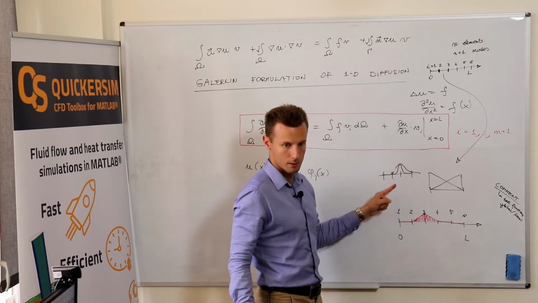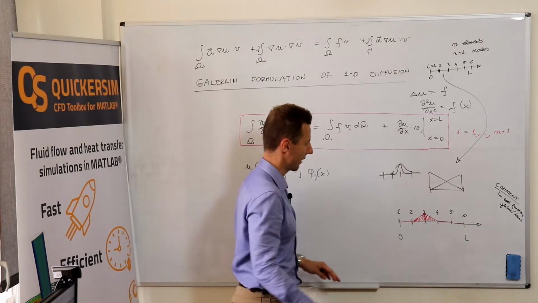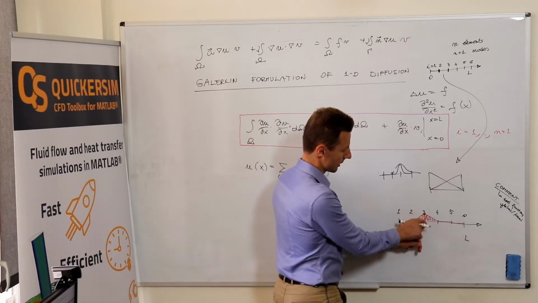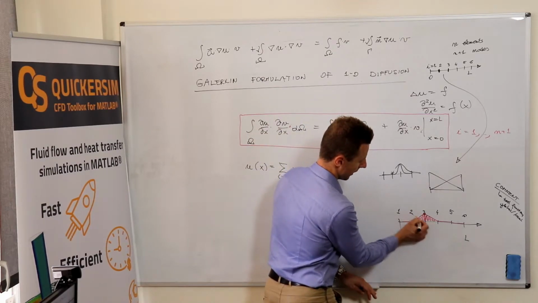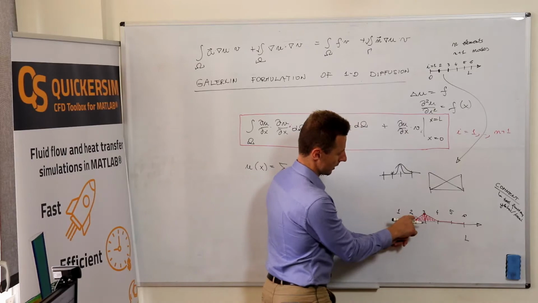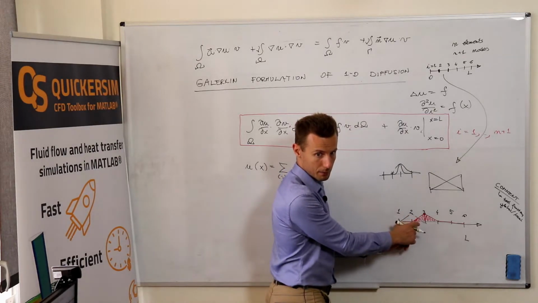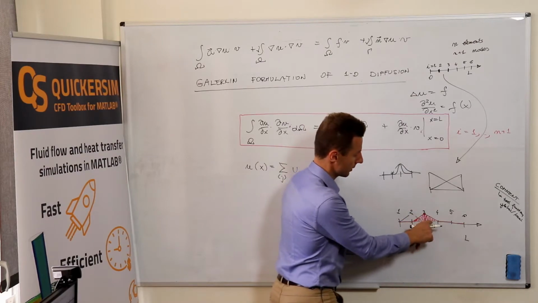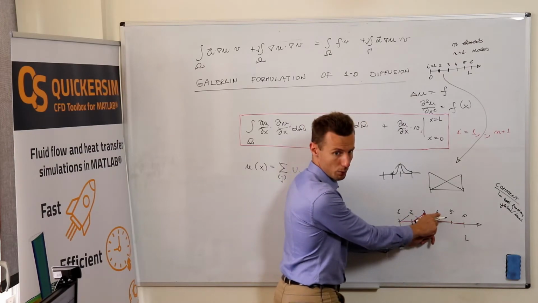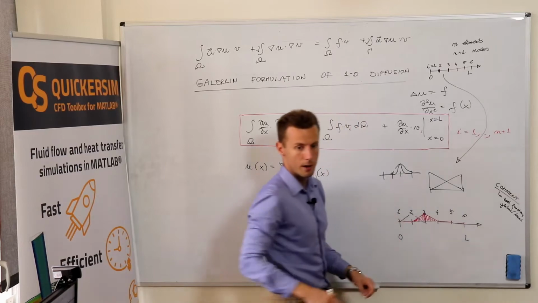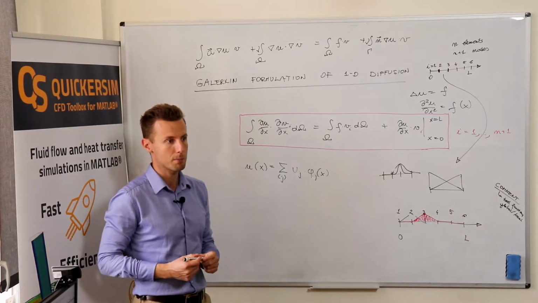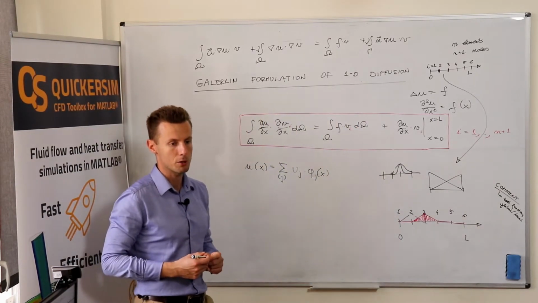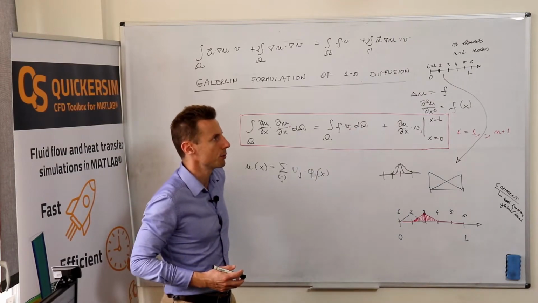If you take such a function and the other function and you sum it up, then everywhere here will be 1. If you take the next one, everywhere here will be 1, and so on. All the global shape functions must be partition of unity.